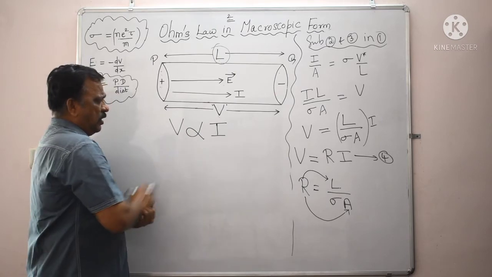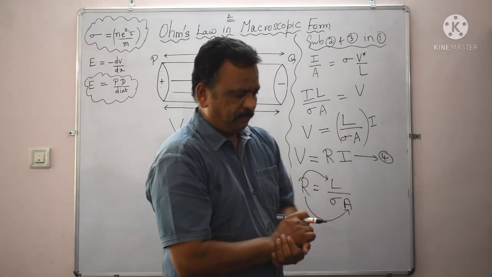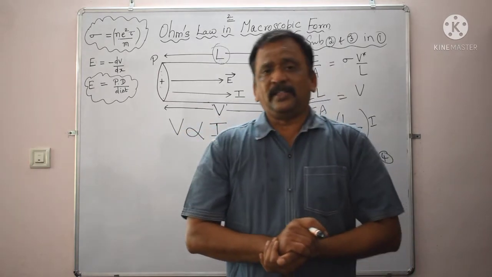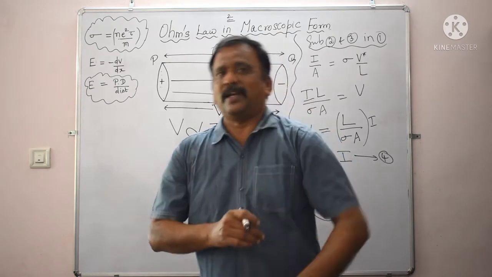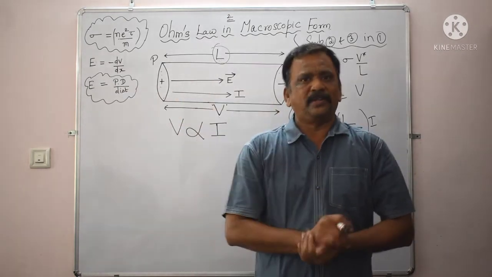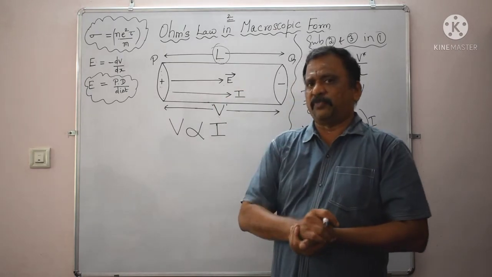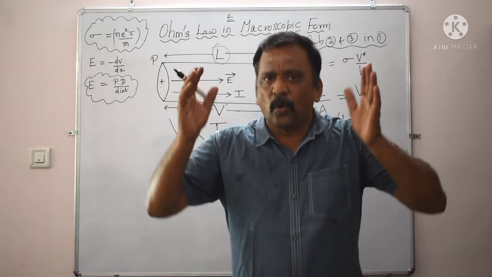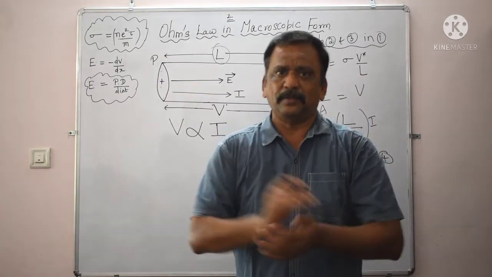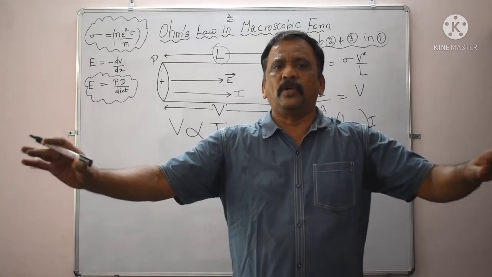But the thing is that voltage is the independent factor and current is the dependent factor. That means whenever there is current, there has to be voltage. Without voltage, no current. So whenever I say a current is flowing through a circuit or a conductor, we should have applied a voltage to the conductor. Unless you apply a voltage, no current flow is going to be there.